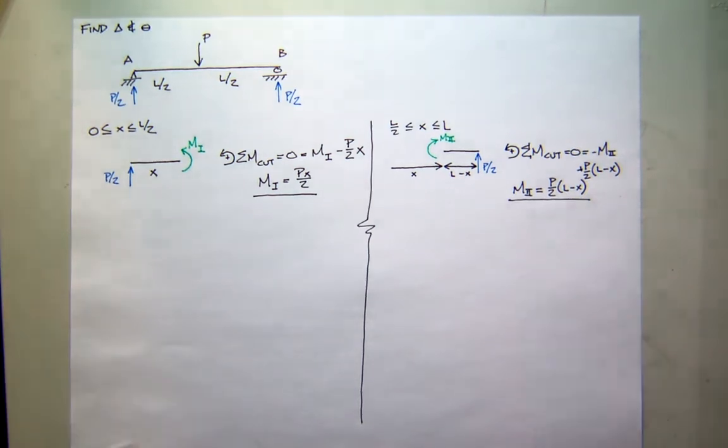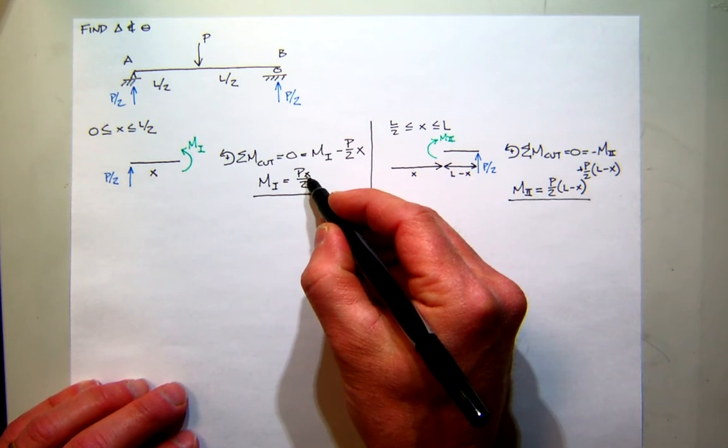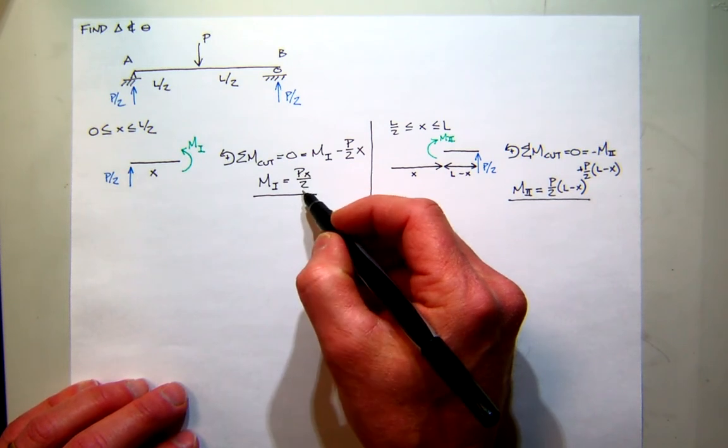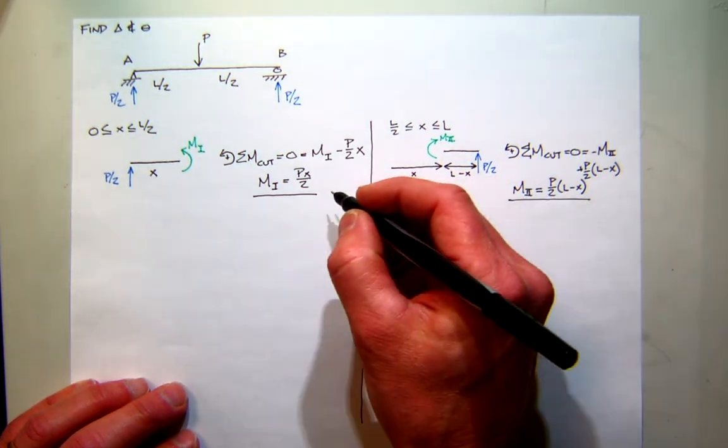So, is there another place to check these equations? L over 2. Mr. Driscoll's correct. So if I put L over 2 here, which is the limit of this one, I get PL over 4. Now if I put L over 2 here, I get what? Oh, I think I messed up here.